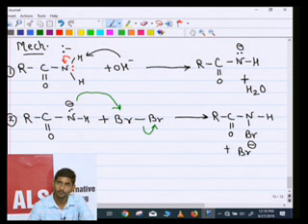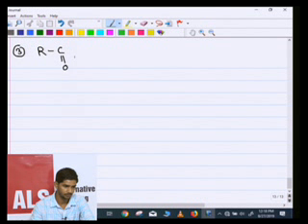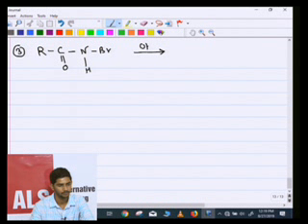Okay. So guys, those are the first 2 steps. Now let us discuss the next one. Step number 3. In the previous step, we have got R CO N Br and H. Guys, look at this very clearly.